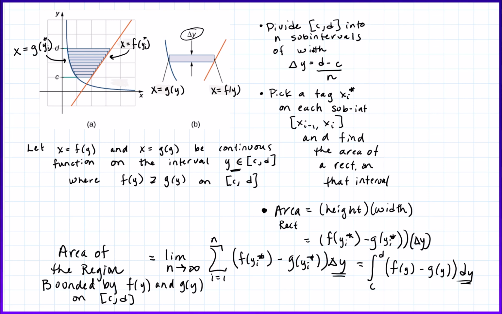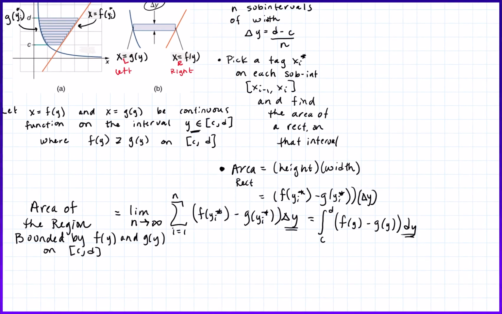So we'll add some subnotation: we'll call f of y x sub r, the function on the right. The r stands for right, meaning it's the larger function, since going horizontally the bigger values are on the right. And x sub L is what we'll call g of y, the function on the left. It's sort of shorthand notation.